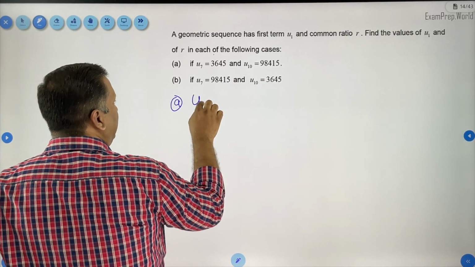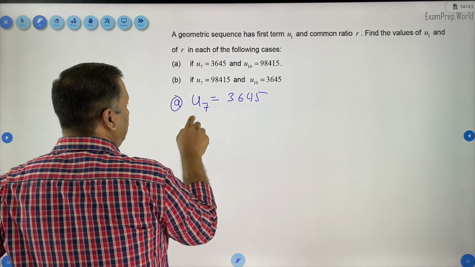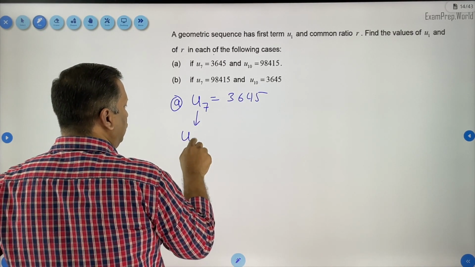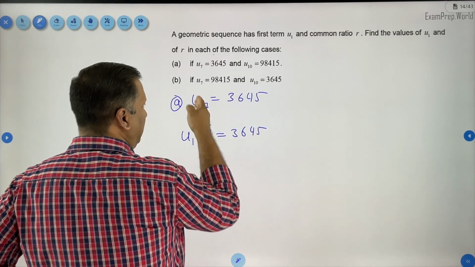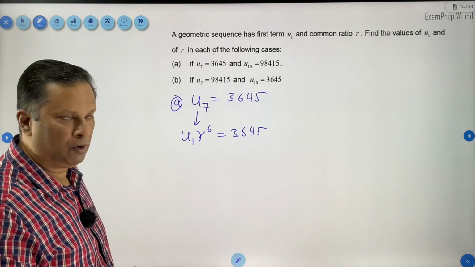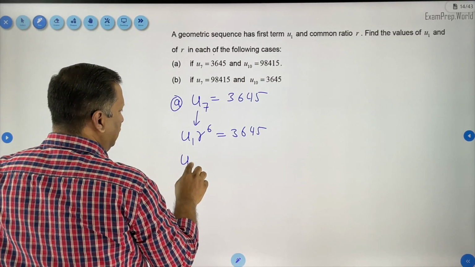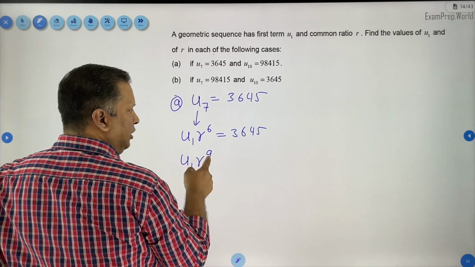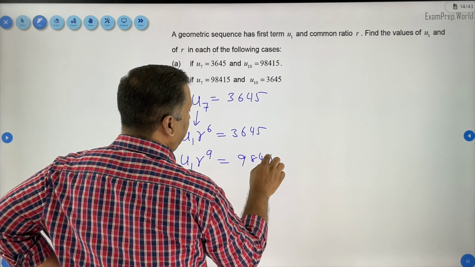u7, they have given u7 as 3645. So u7 is what for us? u1 r to power 6 is 3645. I translated u7 into its general format. Similarly, they have given u10. So I can write u1 r to power 9. 10 minus 1 is 9, is how much? 98415.